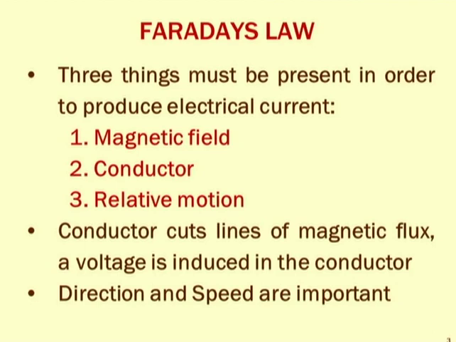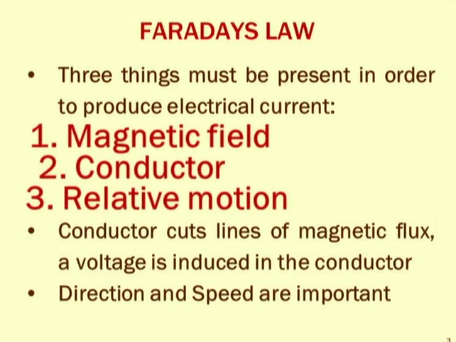Obviously, in this case, we are going to consider the case in which the magnetic field is stationary, or constant, and our conductor is moving. So the direction and speed at which the conductor is moving will also affect the voltage induced in the conductor, and hence finally the current passing through the conductor. So that is the thing that we are going to discuss now.